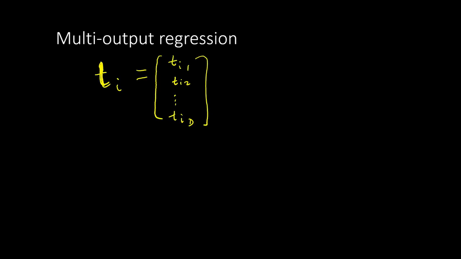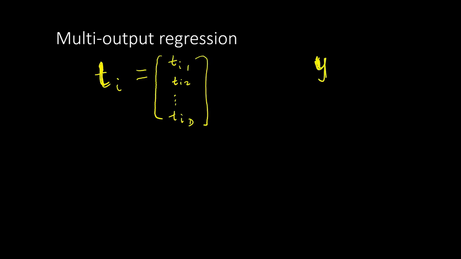An example of this could be that we are trying to predict the height and breadth of a particular object in an image. The image is the input, but height and width are both continuous values. One will form Ti1, the other will form Ti2 for the ith object or the ith image. The neural network predicts y, and this y is also a vector, it is no longer a scalar.